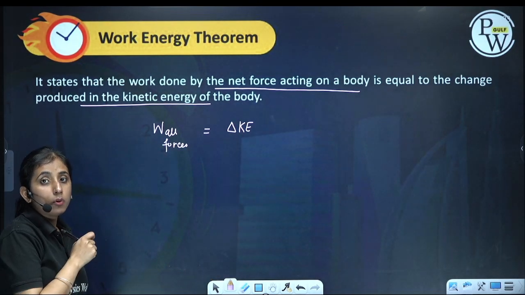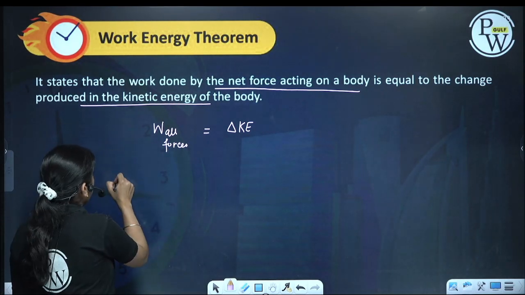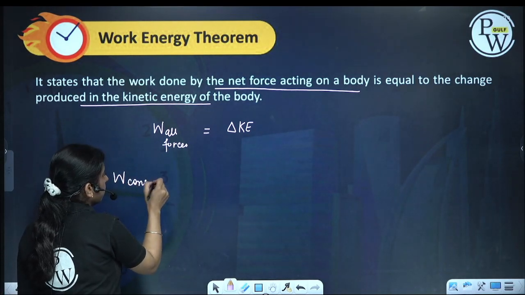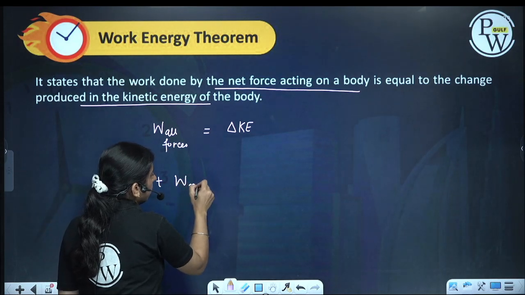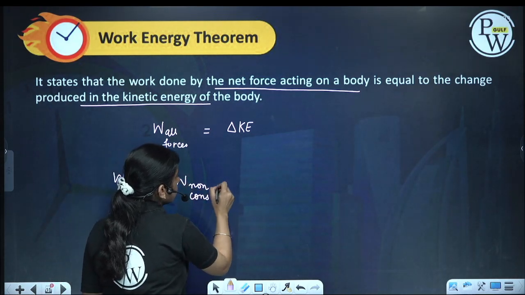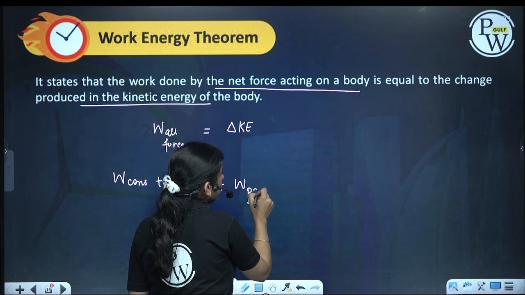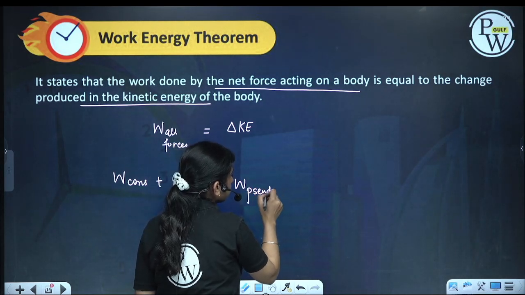Here, in all forces we will include work done by conservative force plus work done by non-conservative force plus work done by pseudo force.